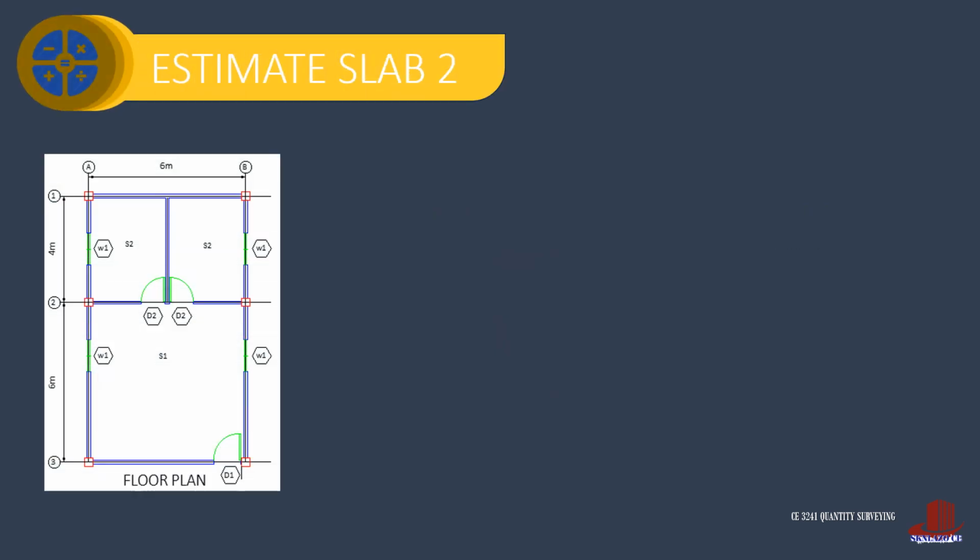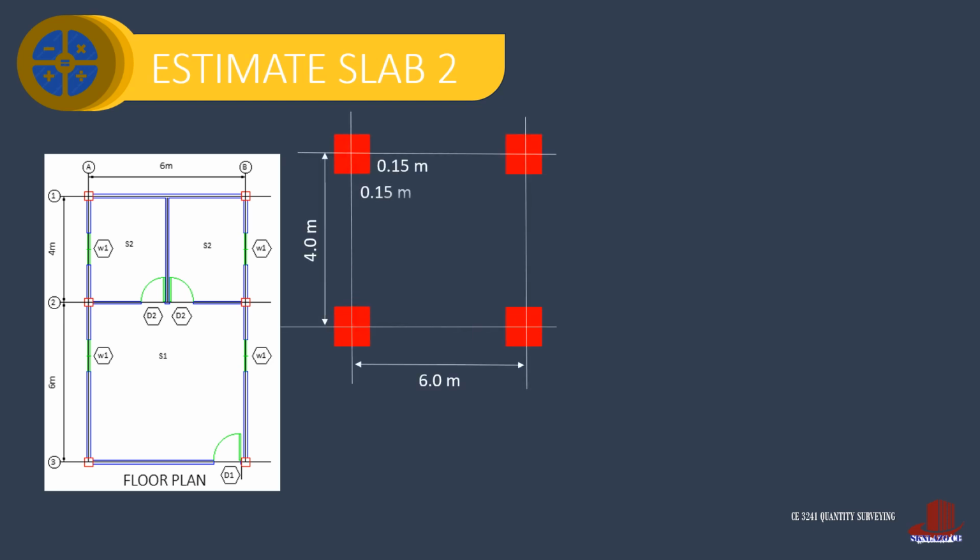The procedure for estimating slab 2 is similar. Take the whole area regardless of the partition. From this area, take out the overlap portion of the columns. So the area is then 6 by 4, less 4 units of 0.15 by 0.15. And this gives 23.91 square meters.